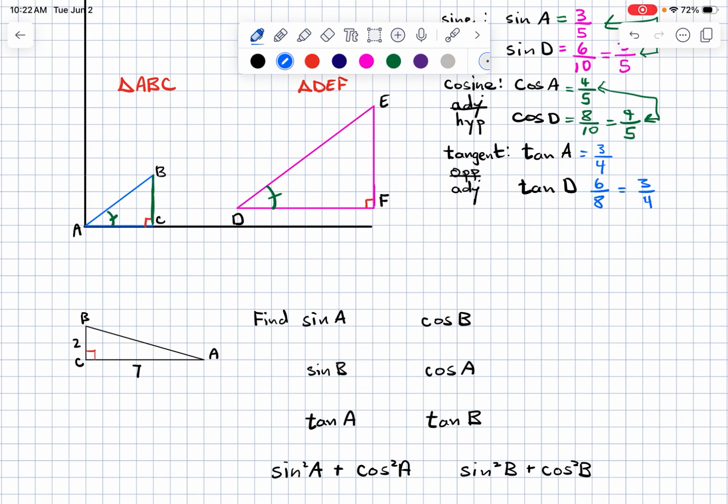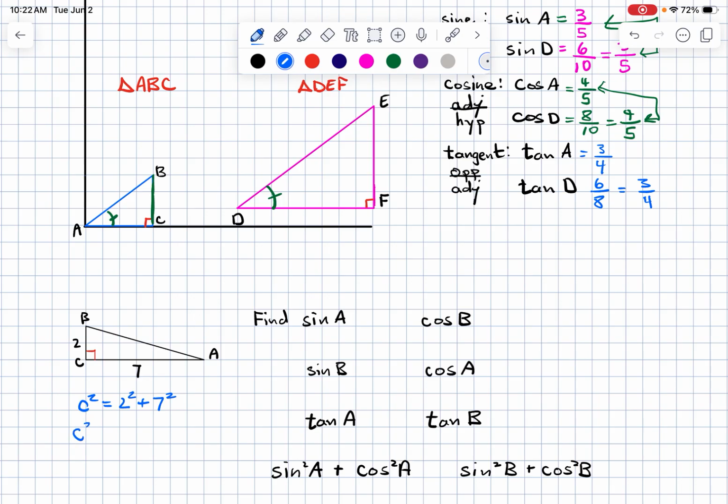Now, if you look at this one, we want the sine of A, and we want the cosine of B, and so forth. We want all these trigonometric expressions here. In order to get the sine, I'm going to need the hypotenuse. So I need to compute that hypotenuse. So I've got c squared equals 2 squared plus 7 squared.